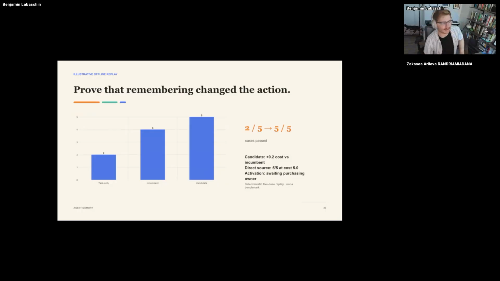One last thing I'll say, because I know I'm running out of time here. This is really important. When you have an organizational memory system that you're building out, you really want to prove that remembering actually changed an action. And doing so well is incredibly difficult.